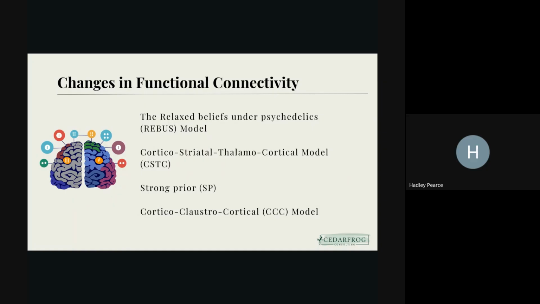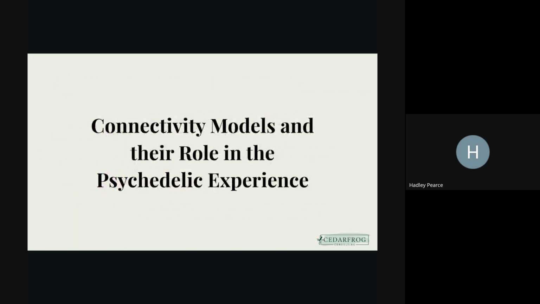They are the relaxed beliefs under psychedelics model, or the REBUS model, the cortico-striato-thalamo-cortical model, the strong prior model, and the cortico-claustro-cortical model. They're a bit of a mouthful.